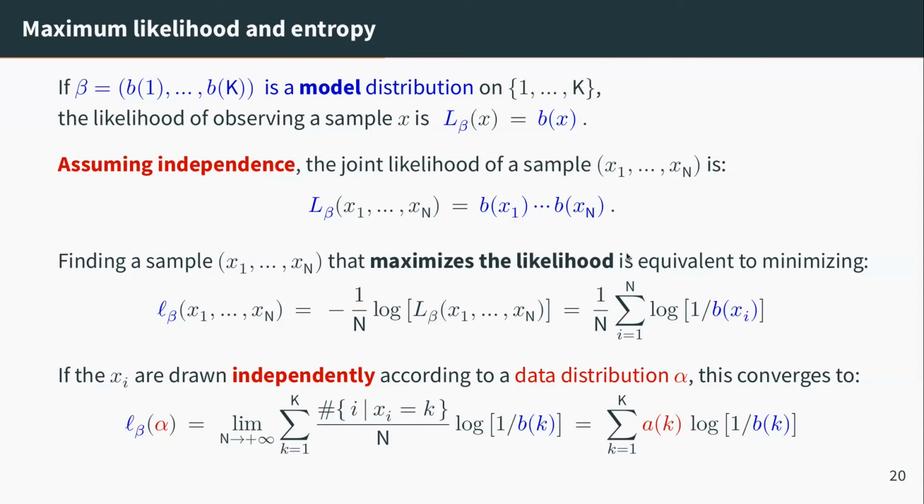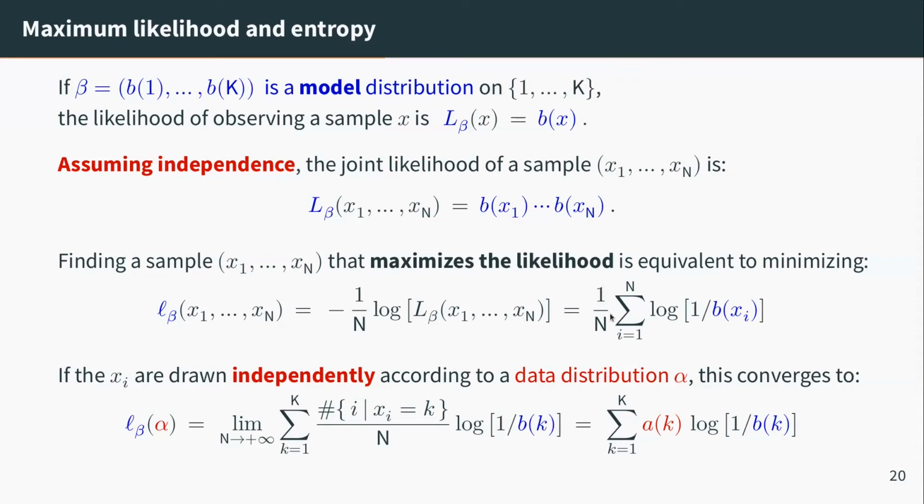So we are going to minimize minus the log likelihood. And so that's what I call small l of beta, x1, ..., xn. It's minus 1 over n, I normalize things, of the log likelihood.